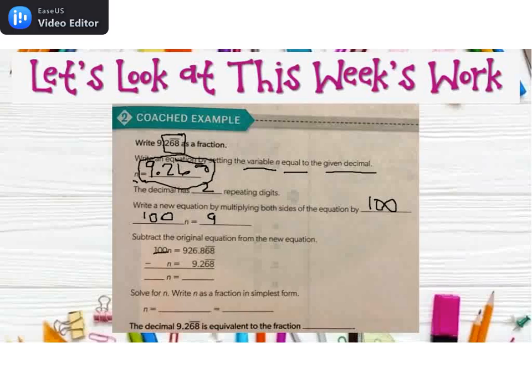And they show you right here. So in real life you'd use your calculator, but they show you. That turns into 926.868. I've got to get my pen. This is annoying. Yes, write all over that book. It's yours. It's yours. It's yours.